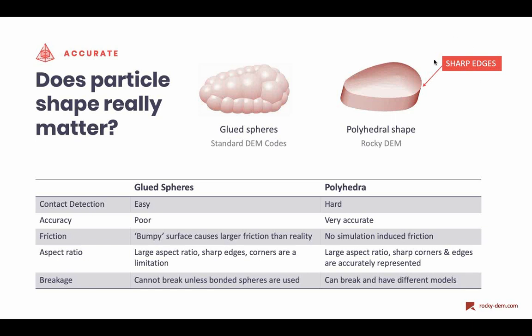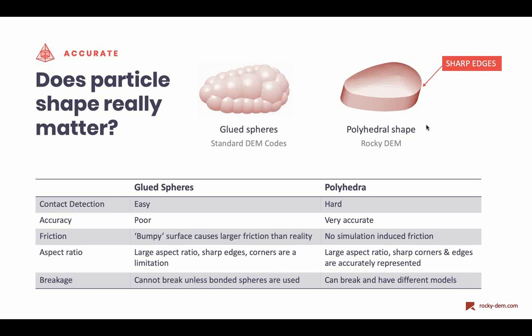With polyhedra we can handle the sharp edges, which is sometimes important for accurate erosion analysis, for example. It goes without saying that if I want to model particle breakage, putting spheres together and then breaking them requires a lot of modeling, simplification, and extra inefficiencies.